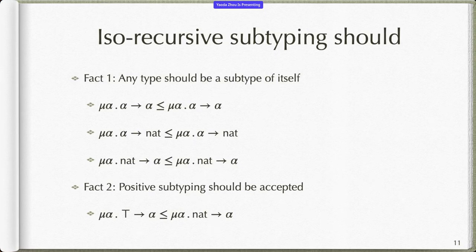And secondly, the positive subtyping should be accepted. By positive, we mean that the recursive variable always appears in positive positions. So for example, this subtyping relation about mu alpha. top to alpha and mu alpha. net to alpha should hold, because net is the subtype of top and the same recursive variable alpha appears on the positive position.